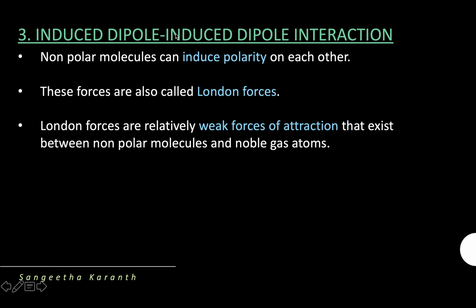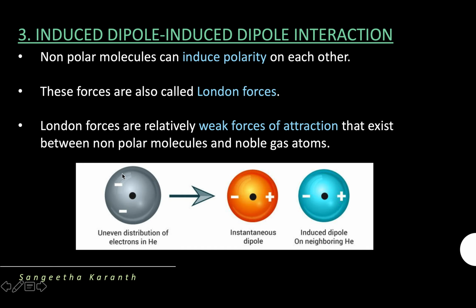Next is induced dipole interaction. We'll take this example. Suppose we consider a helium atom. Because of uneven distribution of charges, suppose in this atom the positive and negative charge is separated. This atom will induce the other atom to become a dipole. This is first of all not a permanent dipole. It is becoming a dipole because of uneven distribution of charges.